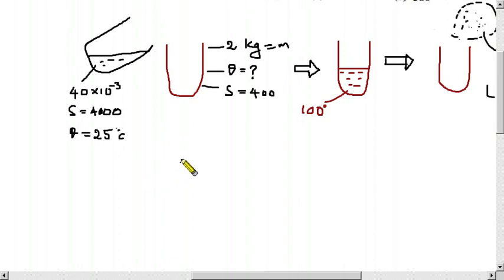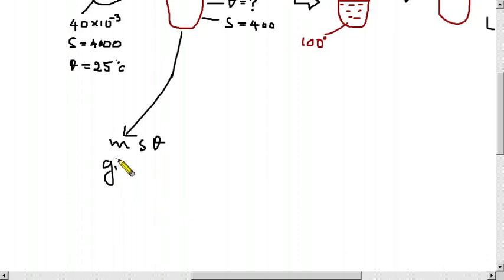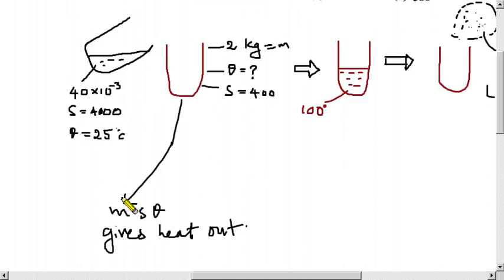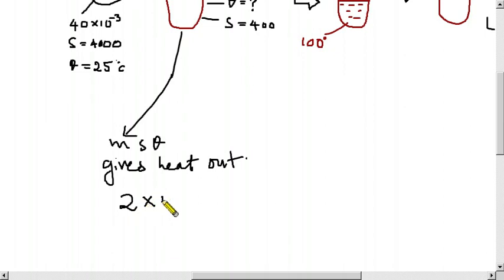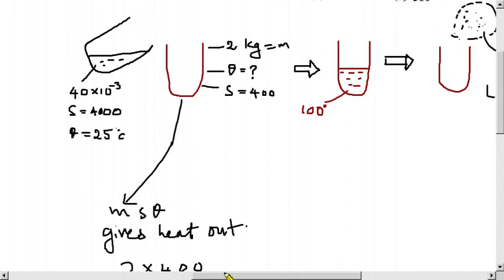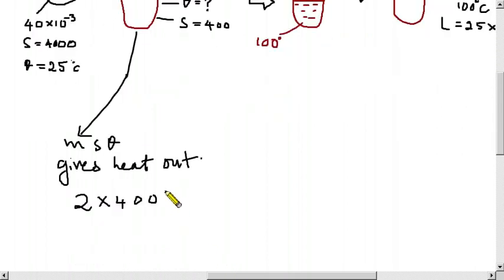ms theta is what? The heat given out from this vessel. So ms theta means 2 kilogram, 400 is s, times theta. Theta is what we don't know; even though we say theta, it is theta 2 minus theta 1 here, in short we say theta.